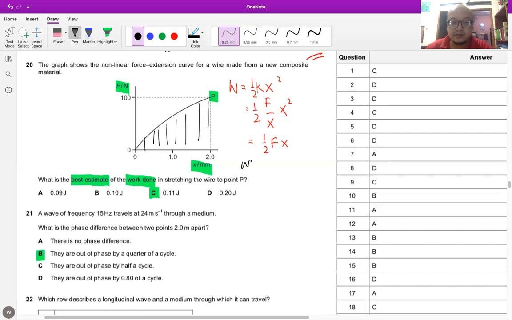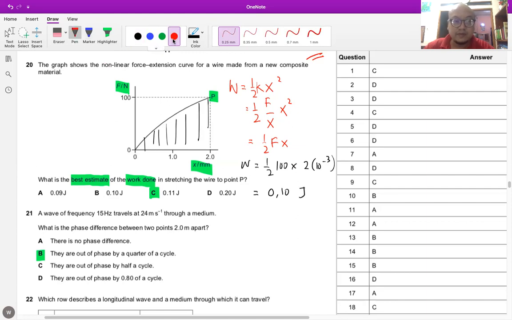So W equals a half of, at P the force is 100 and the extension X is 2 millimeter. This is about 0.10 joule.